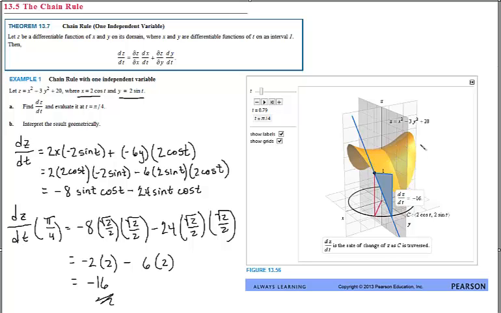The boundary of my elevation in the xy direction is that circle of radius 2, and then the z gives reference to my elevation, or how high I am over that circle.